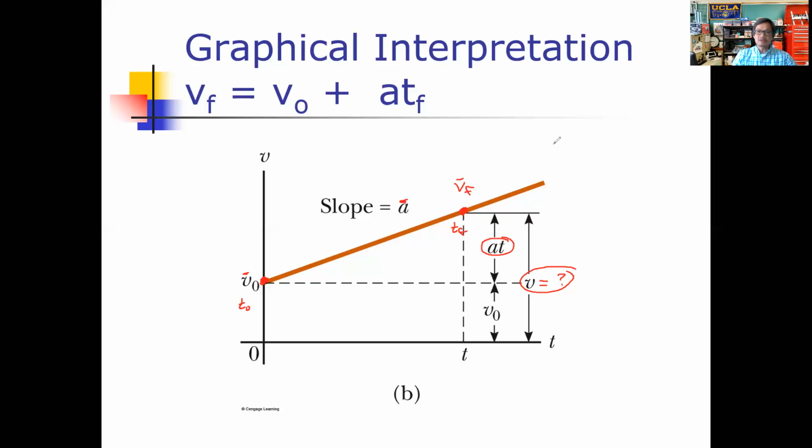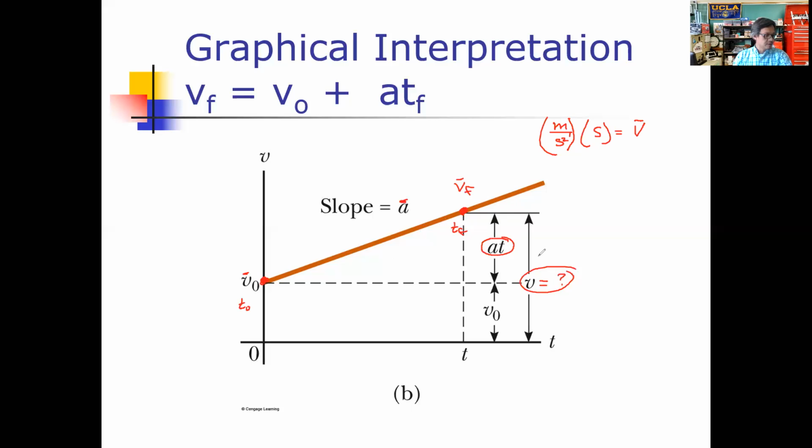The units for acceleration is meters per second squared, and here we're multiplying it by time, meters per second squared times seconds. So essentially this distance here is a velocity. That represents the velocity that is obtained as the object accelerates.